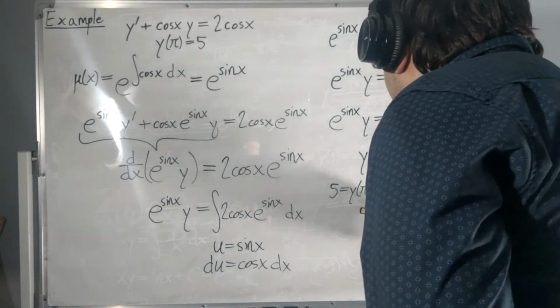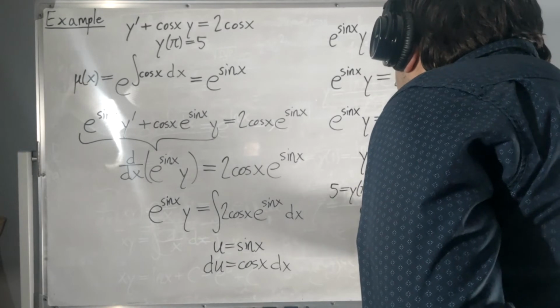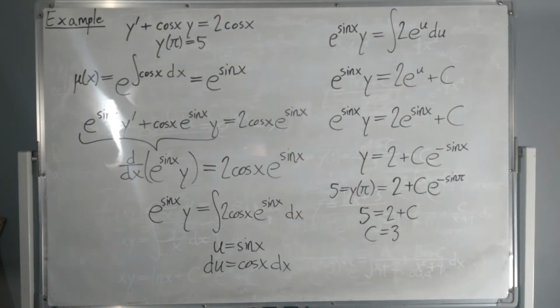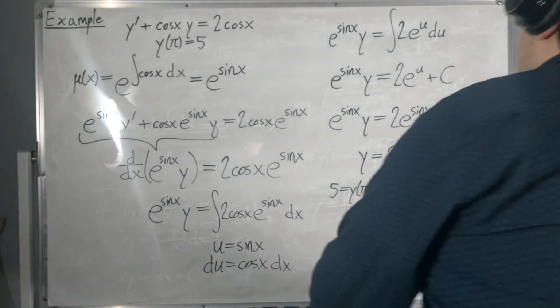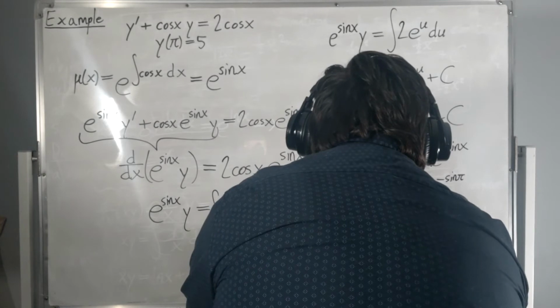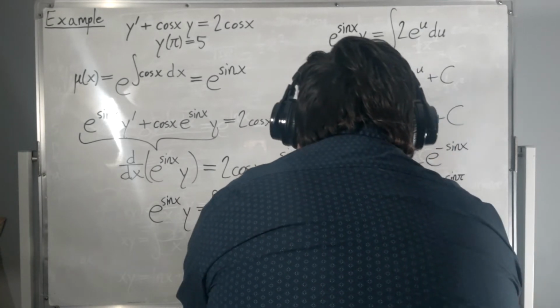So we have 5 equals 2 plus c, and therefore c equals 3. So the particular solution that solves our initial value problem is y equals 2 plus 3 e to the negative sine x.